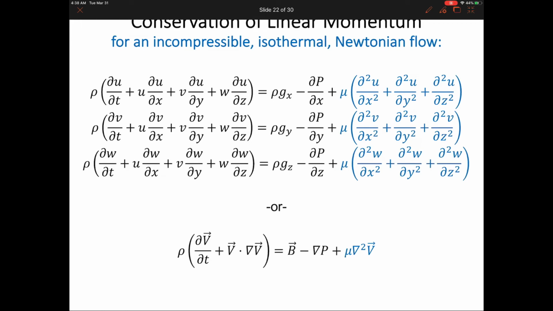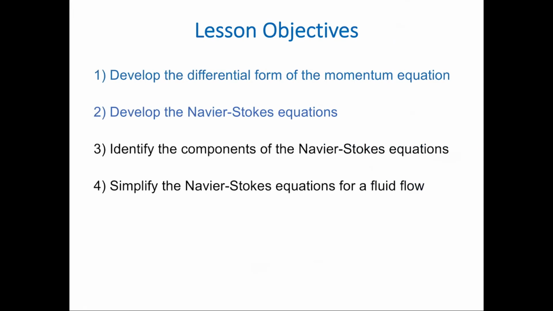We could also express this in our shorthand notation or vector notation, again using basically our del operator and our Laplacian. This is our del operator, or gradient, pressure gradient. So that's number 2. So we've checked those off, okay?